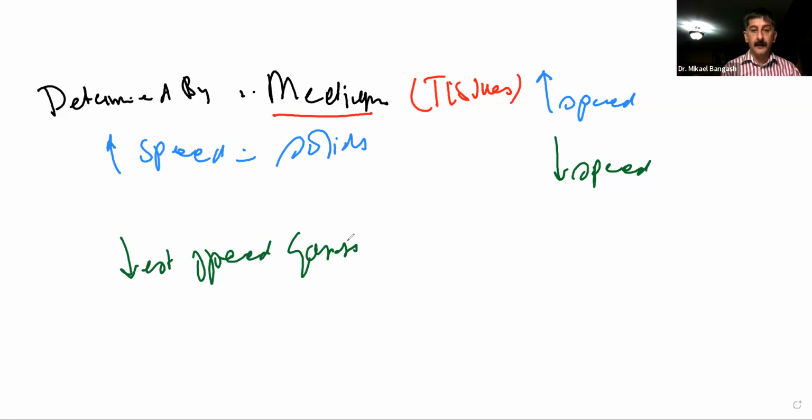And then we have an intermediate speed in liquids. Which mainly means that speed in liquids is slower than in solids, but still faster than in gases. So speed is only going to be determined by the medium, which is your tissues.